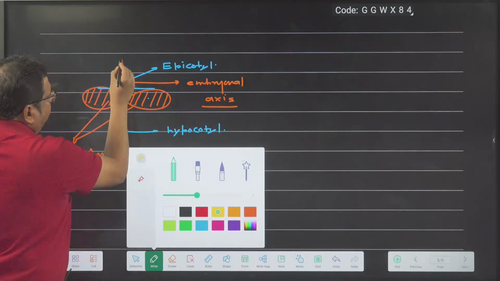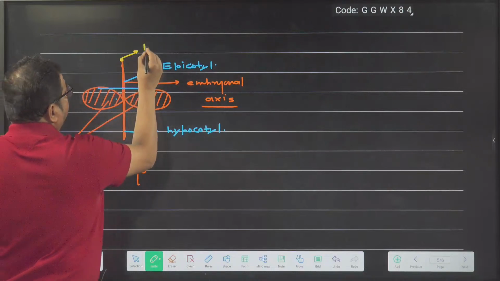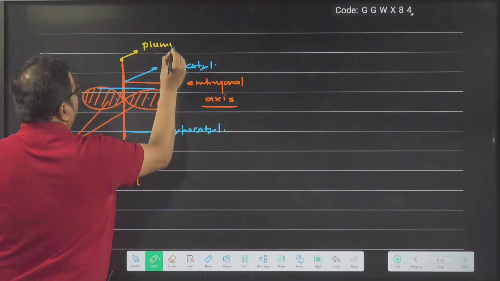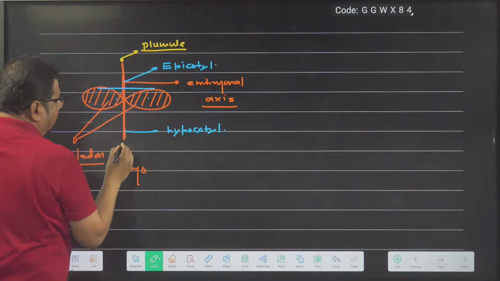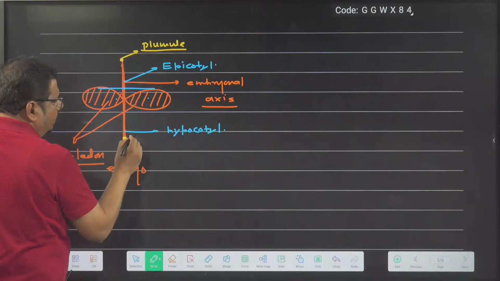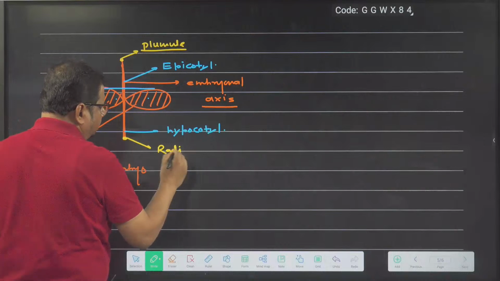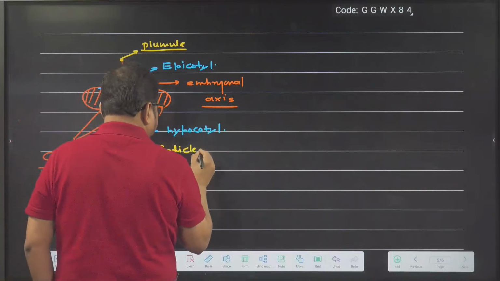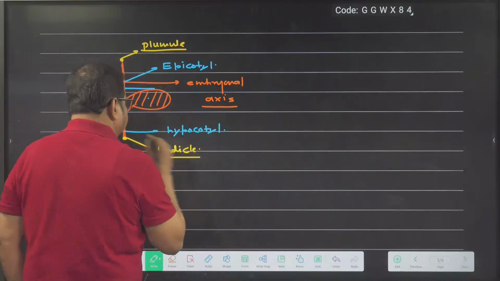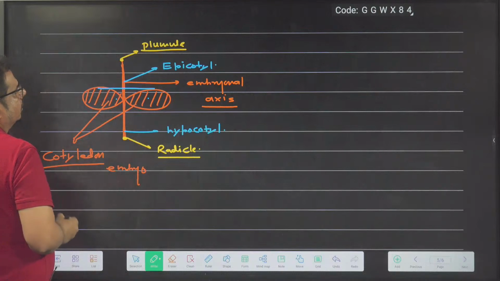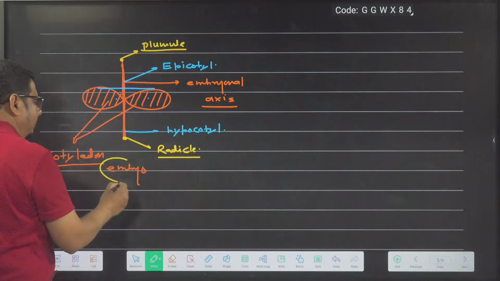Now at the tip of the epicotyle, who is there? Plumule. And at the tip of hypocotyle, who is there? Radicle is there. Got the idea? So this is a typical embryo.